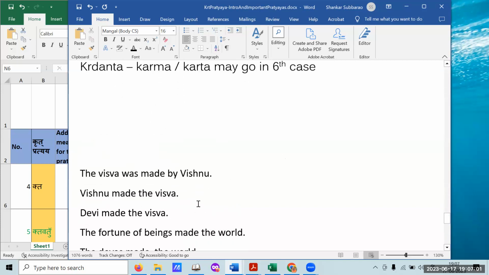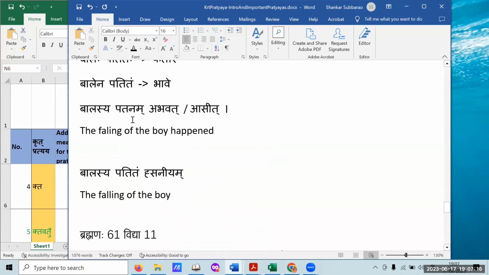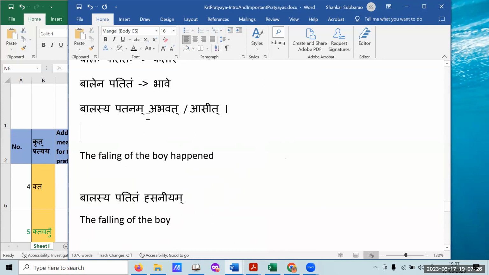Now we have a few sentences, okay? Let's try to understand. Before I go further, what is patanam here?